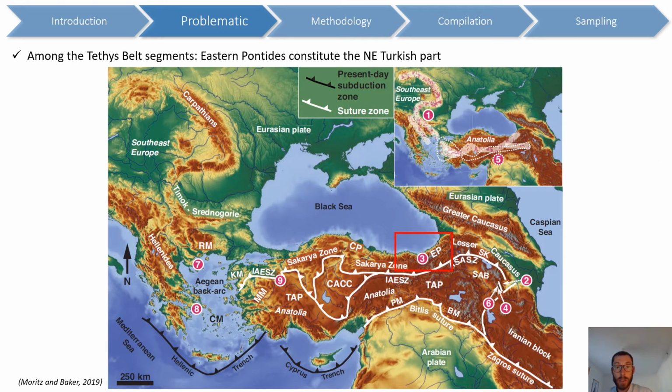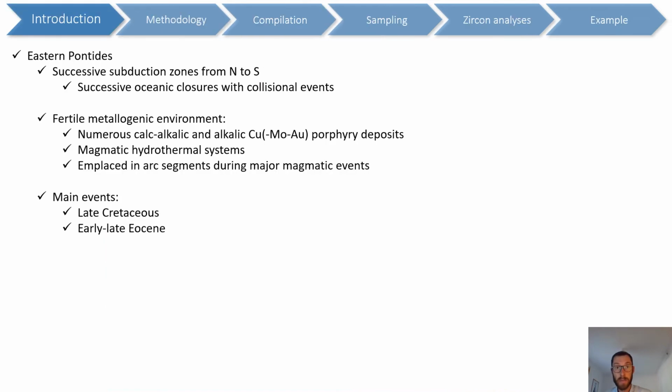What I would like to do during this project is to reconstruct how these fertile areas are made in the Eastern Pontide, which constitutes the northeastern Turkish part of the Tethyan Belt. The Eastern Pontide are made of successive subduction zones that collide from north to south.